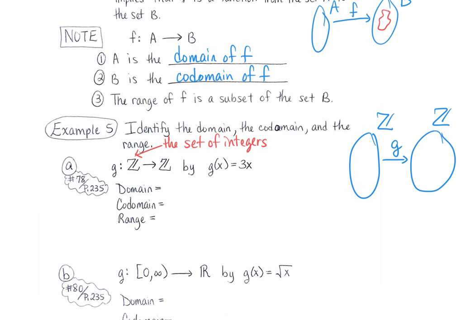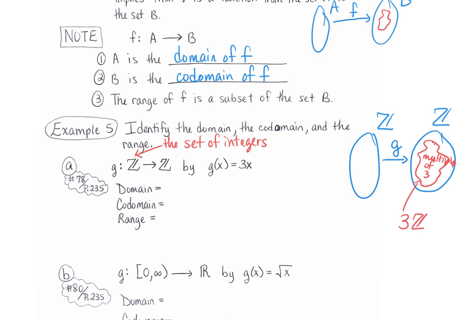It's going to map to multiples of 3. So we can say this would be 3 times the integers, 3Z. That would be the subset.